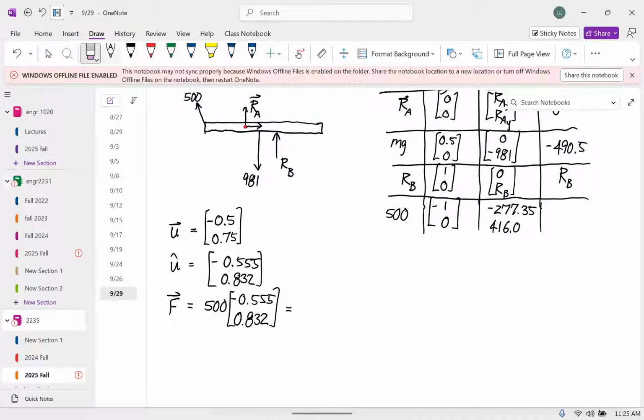I'll just call that 416.03. Cross product is negative 416.03.